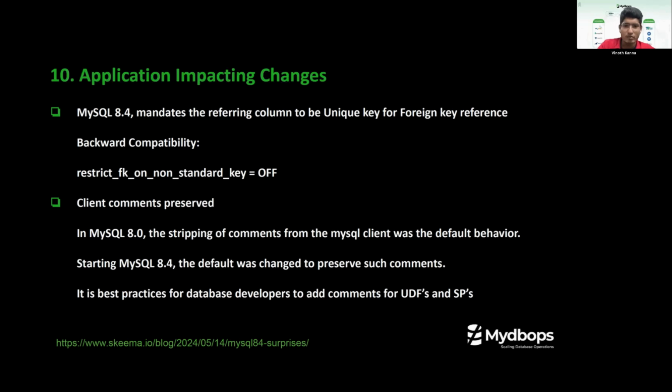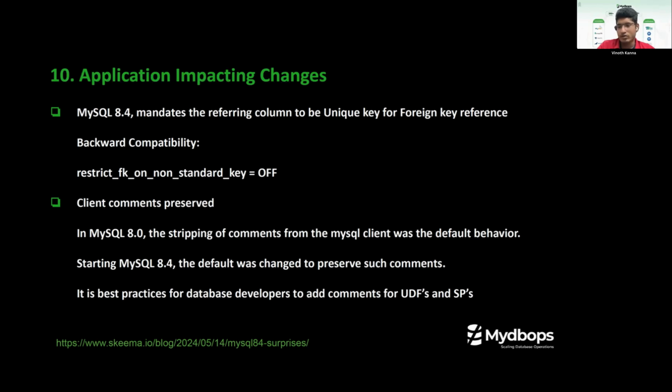Any column could be marked as a foreign key reference column only if it had an index. Now it has to be mandatorily unique. And they've also added a backward compatibility variable called restrict_fk_on_non_standard_key. If you want to still continue with the old behavior, you can turn it off.